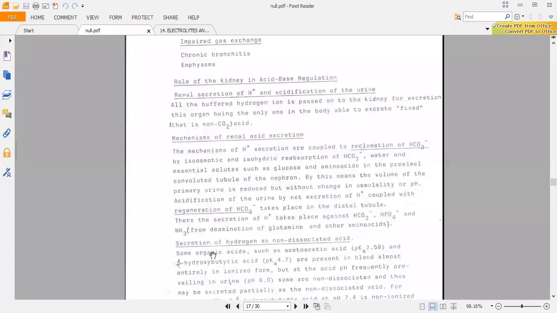So these are the two important ways in which the kidneys regulate the acid-base balance.